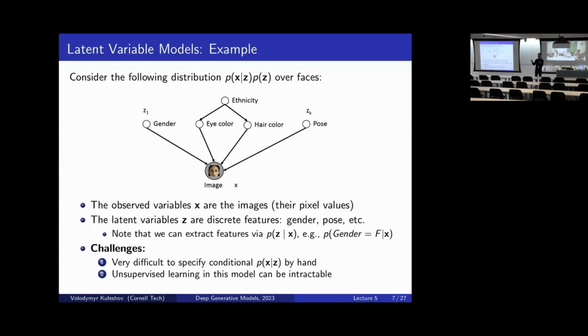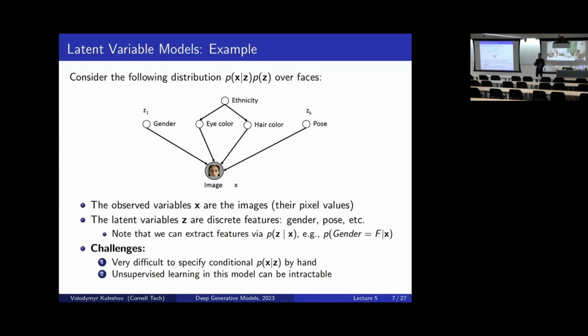How do we even define this mapping? So to address this challenge, we're going to use again the machinery of deep learning. Instead of trying to specify this x given z by hand, we're going to learn it from data.